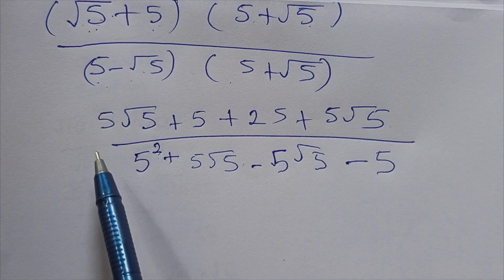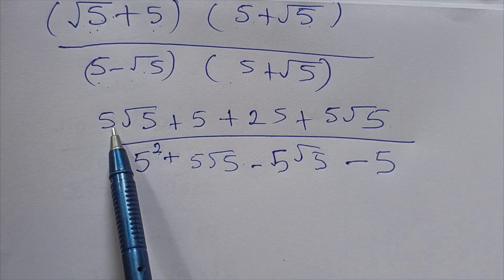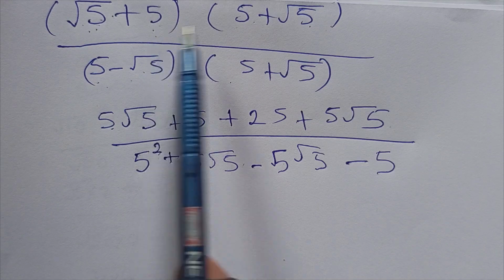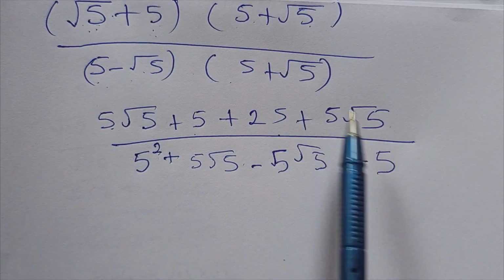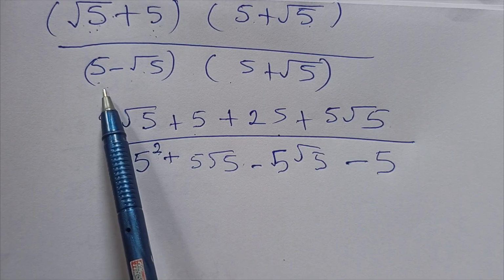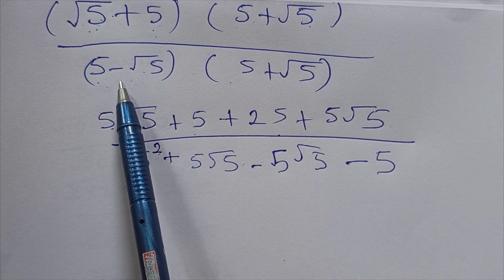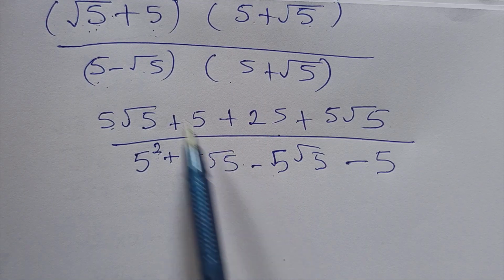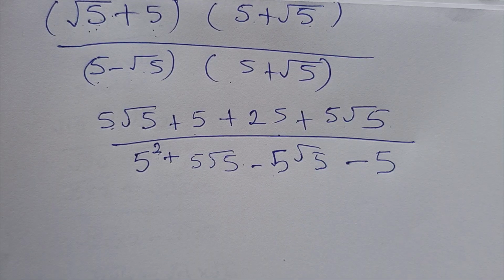So don't be confused. What we did in the numerator is root 5 times 5 is 5 root 5. Root 5 times root 5 is 5. 5 times 5 is 25, plus 5 times root 5 is 5 root 5, all over 5 times 5 is 25 or 5 square, then plus 5 root 5, minus 5 root 5, minus root 5 times root 5 is minus 5. Hence, let's simplify this.